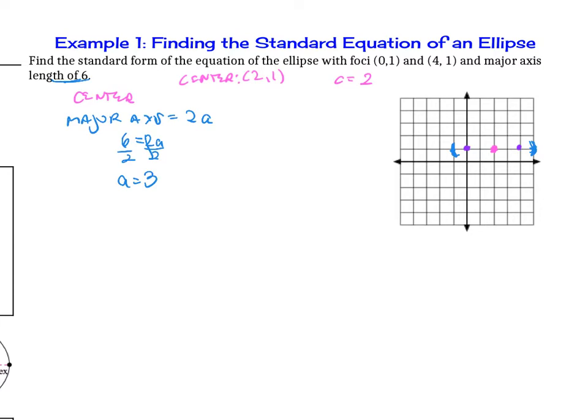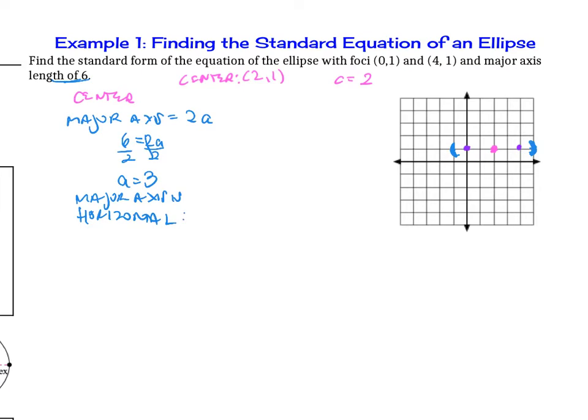Again, remember that the vertices are along the major axis. So it's going to be wider this way, which tells us the major axis is horizontal. That's important to know what equation we're using.